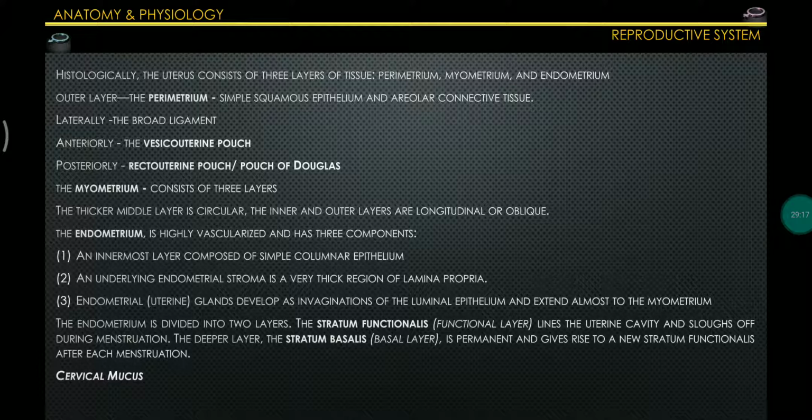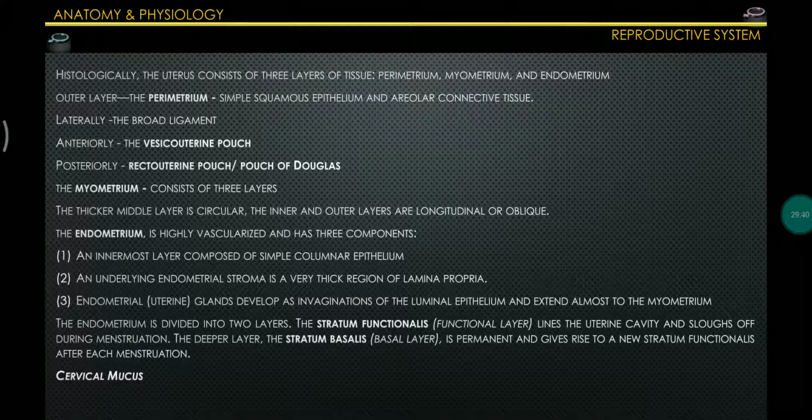The innermost layer is composed of simple columnar epithelium, the middle layer is the endometrial stroma, which is a major portion of the endometrium, and there are also the endometrial glands. This endometrium is divided into two layers.